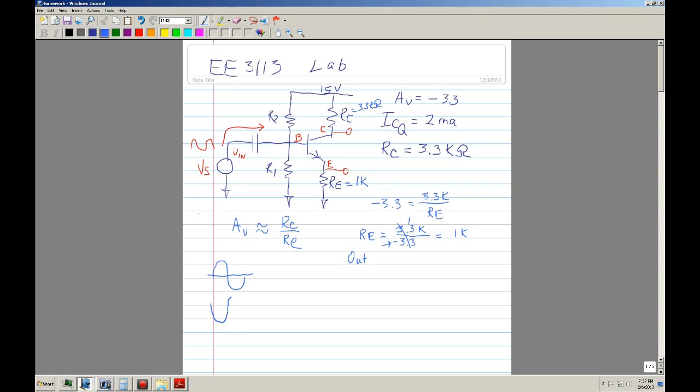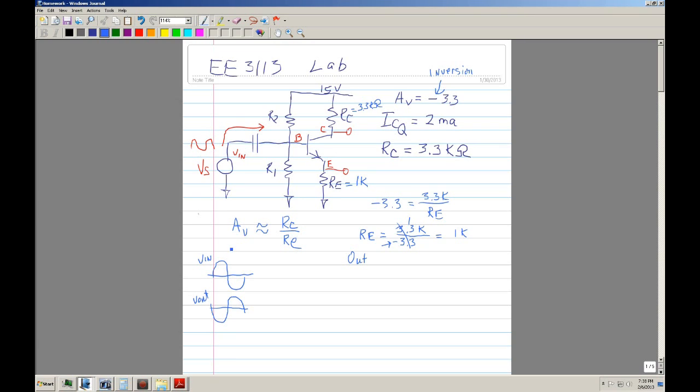It's going to look like that. So this would be Vin and this would be Vout. And the negative, see this negative where he says this? That means inversion, out of phase.